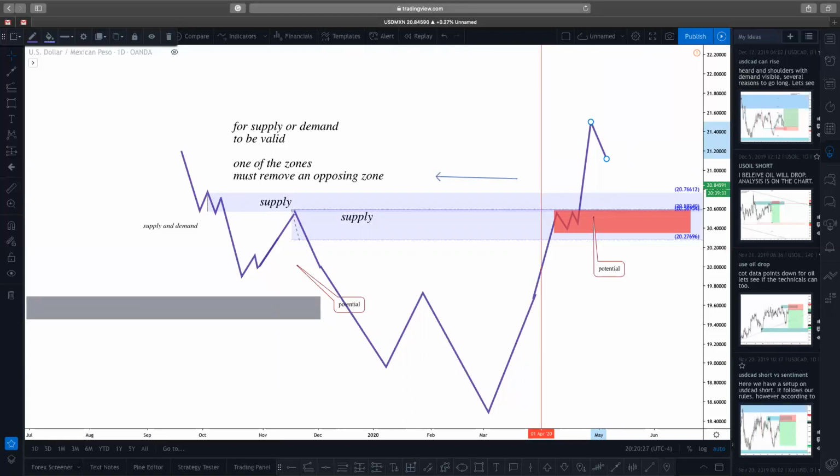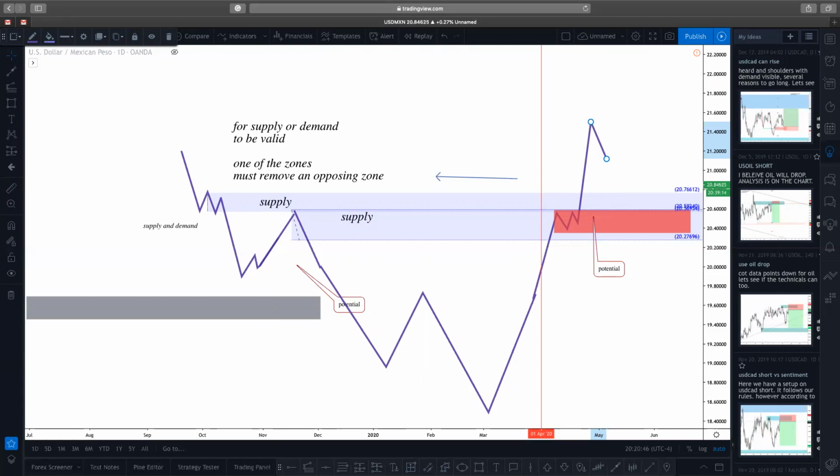And that's just the foundation, the basics. You're going to learn the rest in the next classes, like what else you need to validate the zone, because there are several rules when it comes to validating supply and demand zones.